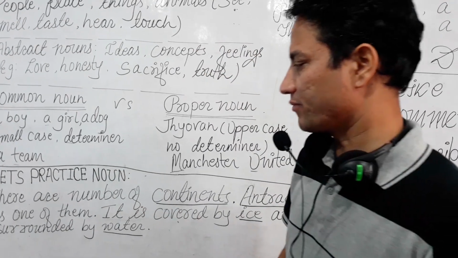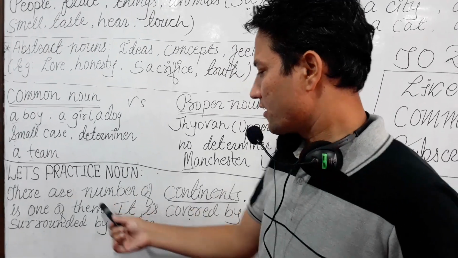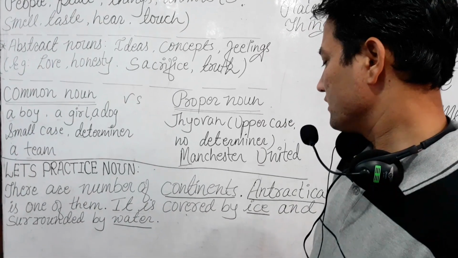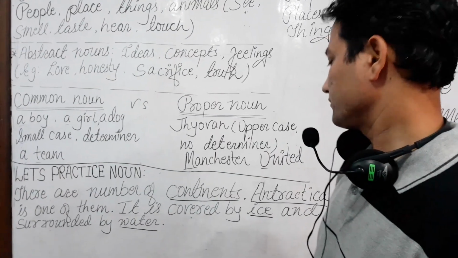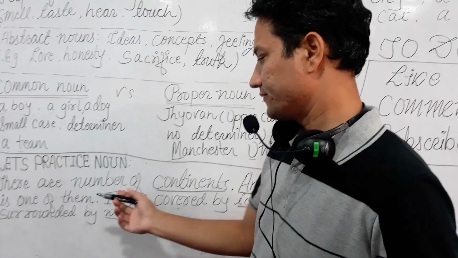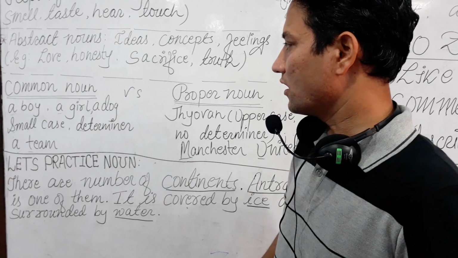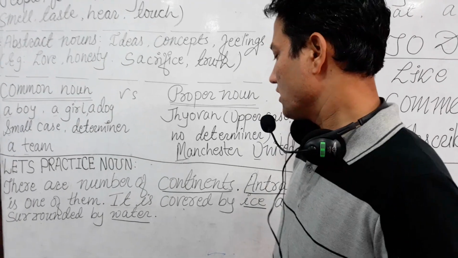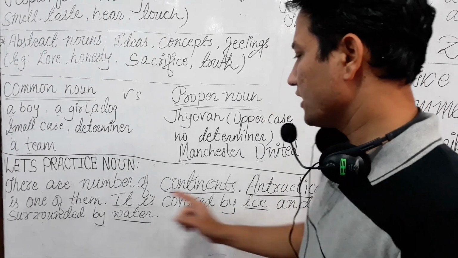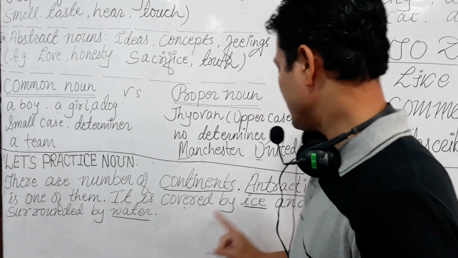So here is the example. There are a number of continents. In this sentence, continents is a common noun, whereas Antarctica is one of them.